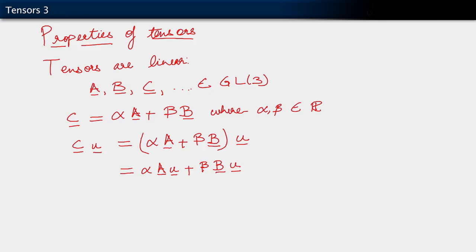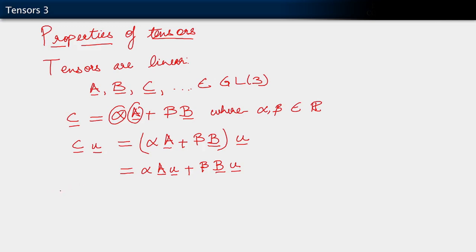Okay? So this is what we mean by the addition of tensors as well as by the scalar multiplication of tensors, right? So we've multiplied a scalar alpha into a tensor A, and likewise a scalar beta into a tensor B. If we ask what do we mean by this, well, what we mean by this is the result on the last line.